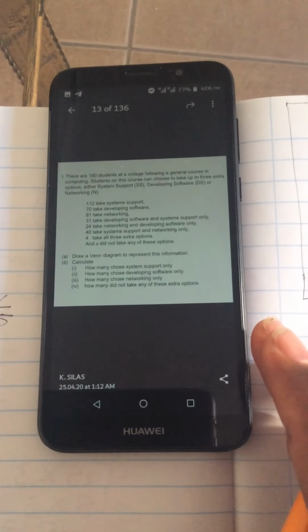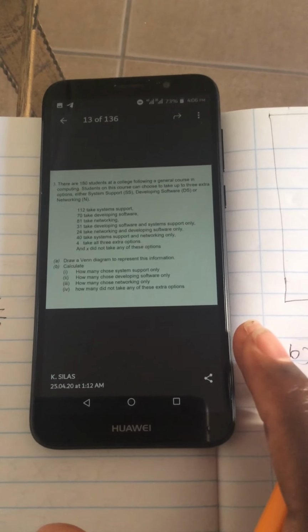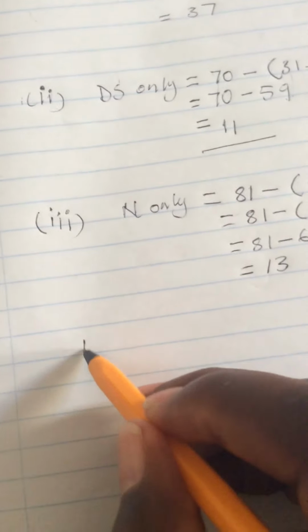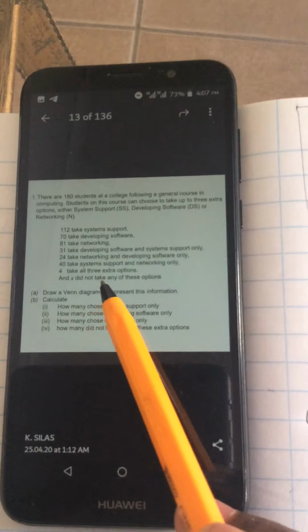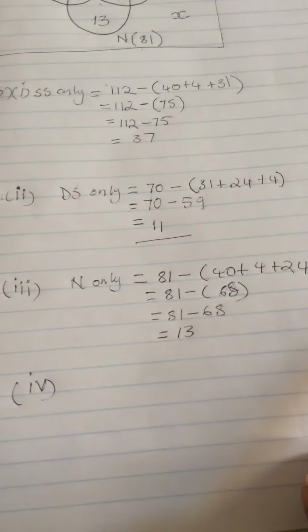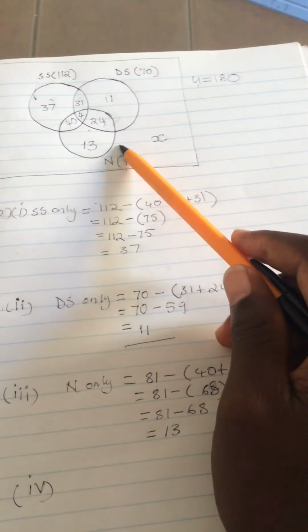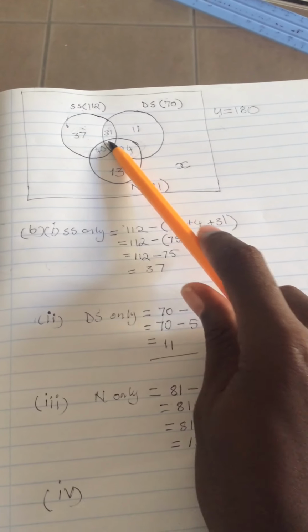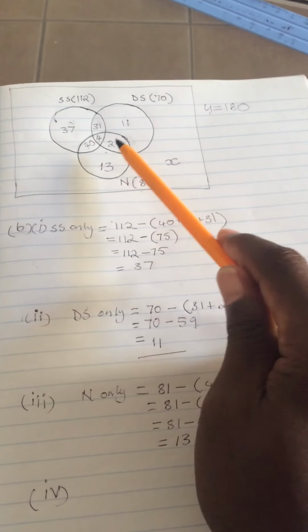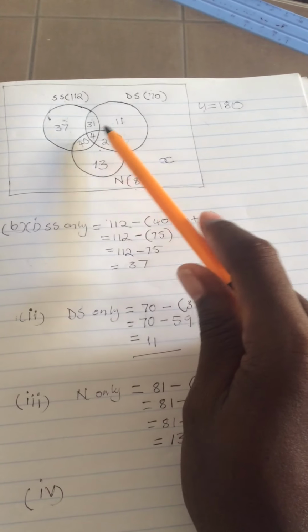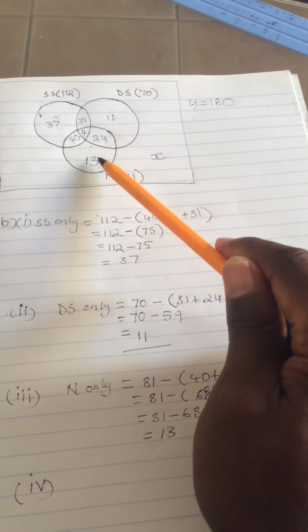So what's the last question? The last question is how many did not take any of these extra options? That's a very important question. As they told us, X students did not take any of this. So how are you going to find this X? You must listen carefully. After working out, I got which students like all of them, which ones like these two only, which like DS only, which like N only.